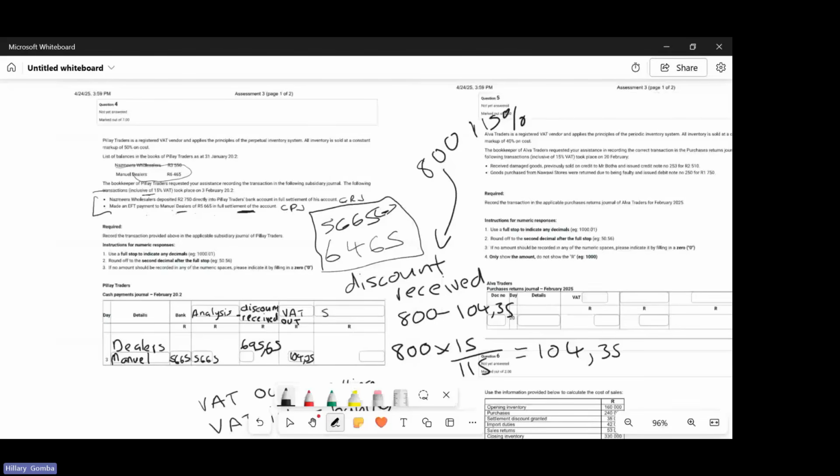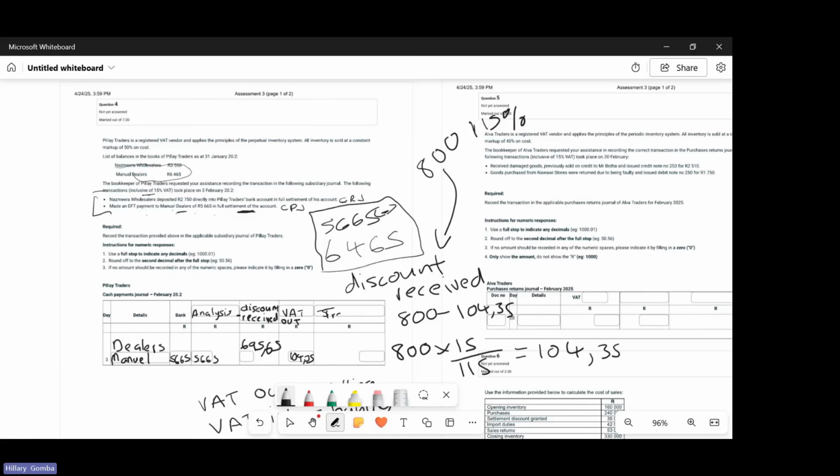But if we get a discount, we need to account for that discount because we are the ones who have to pay the VAT. If a company gives us a discount, we are the ones who account for the VAT of that discount. That's why it changes when you get a discount.